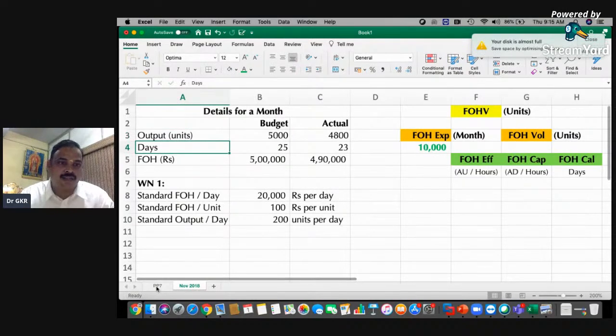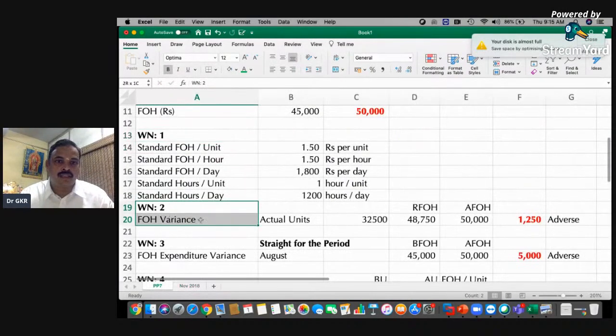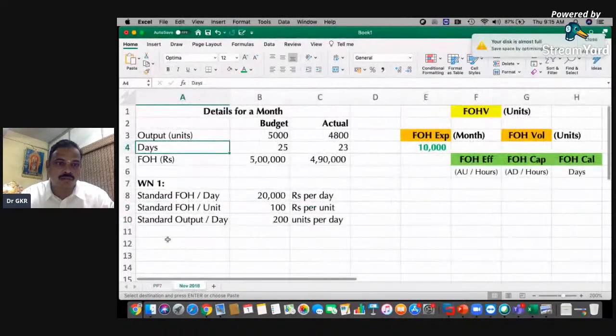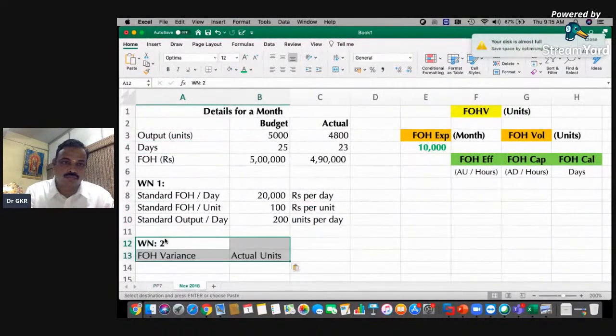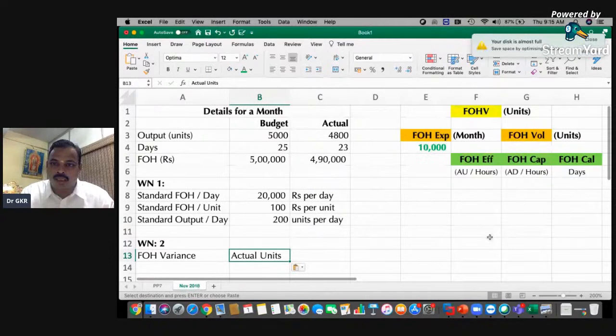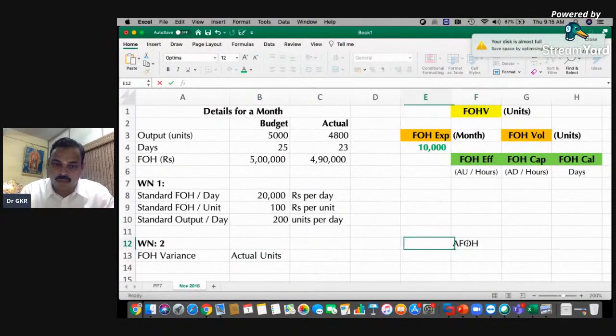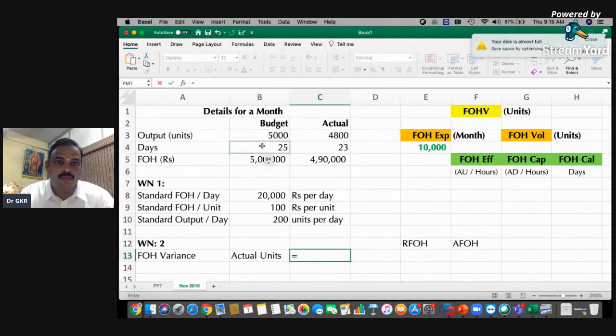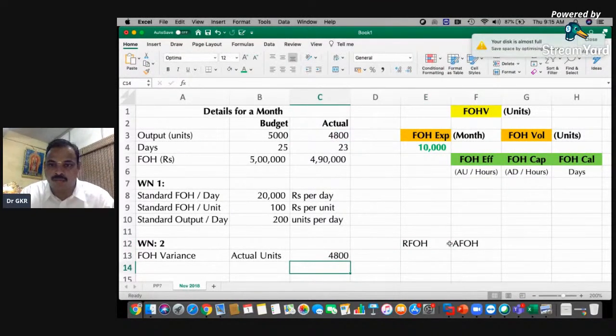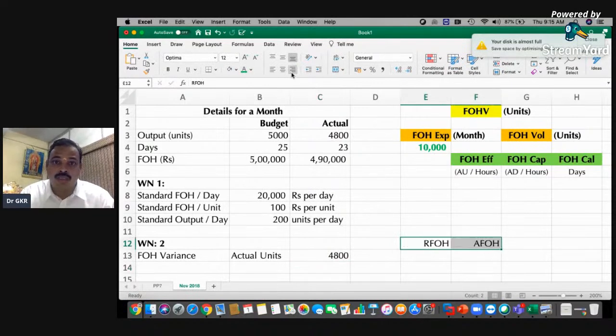Now let us directly find your fixed overhead variance. Straight away you have to find actual. What is the recovered fixed overhead for your actual units? Your actual units are 4,800. Now, all of you please look at this.